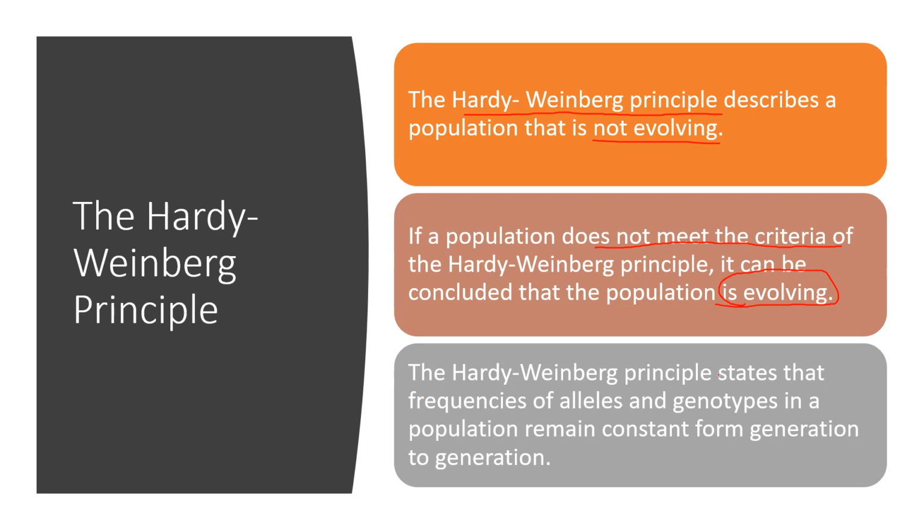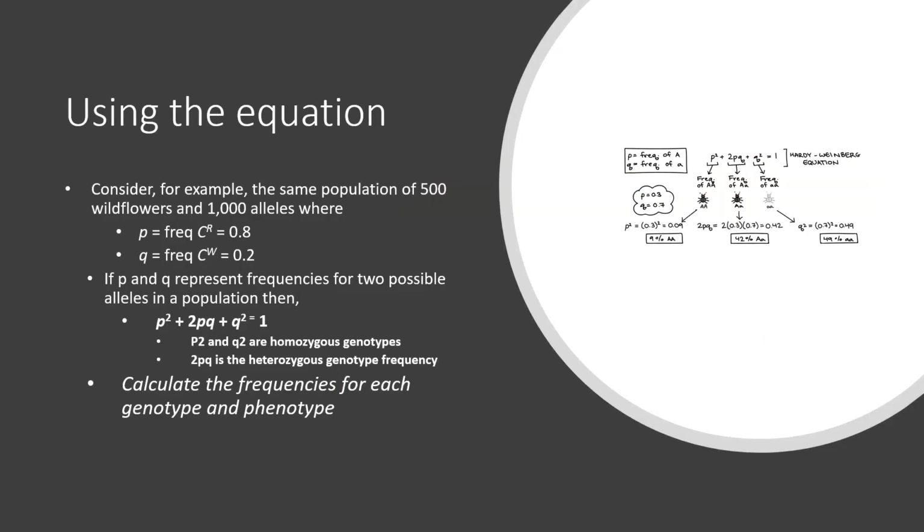The Hardy-Weinberg principle states that frequencies of alleles and genotypes in a population remain constant from generation to generation. However, if it's not staying constant, then we would say it's evolving. Okay, so make sure you understand those key parts.